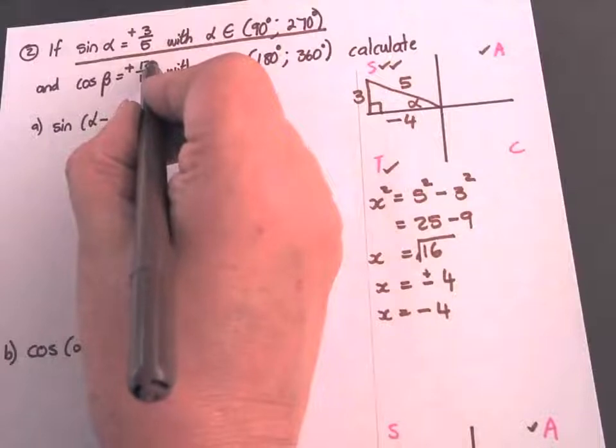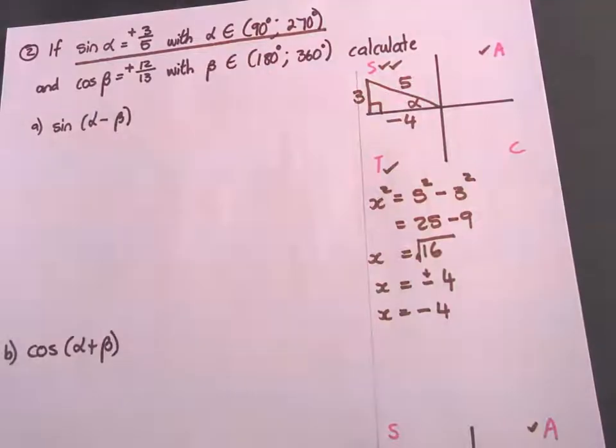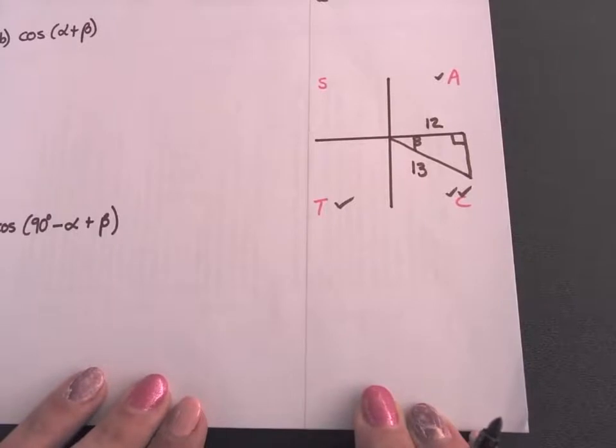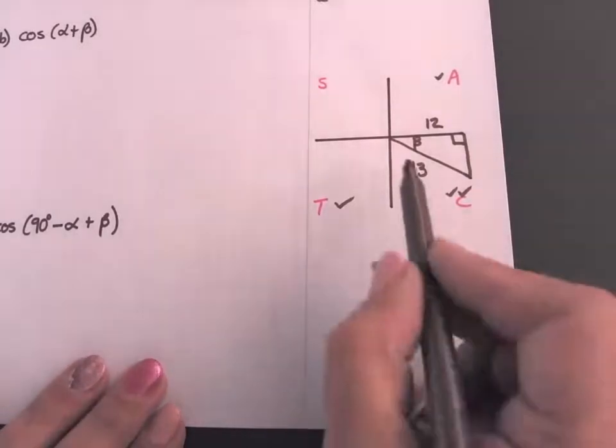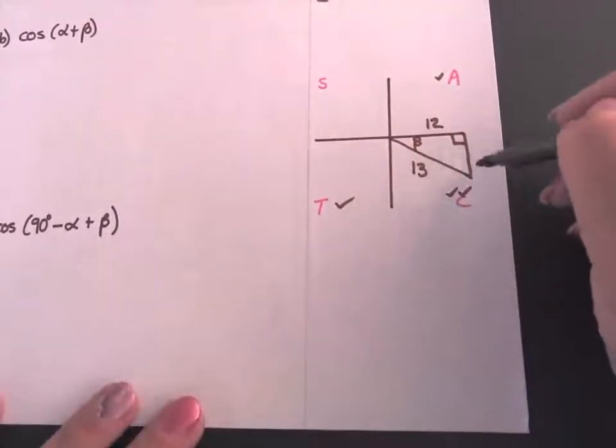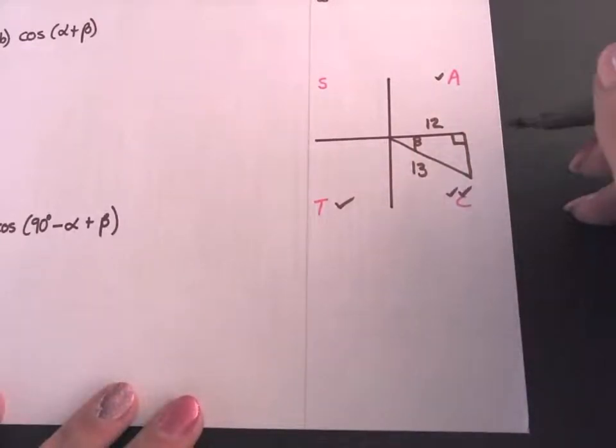It's adjacent over hypotenuse. So the adjacent is 12 and the hypotenuse is 13. Are any of those negative values? No. Hypotenuse is always positive. This one will be negative, but we have to calculate that.